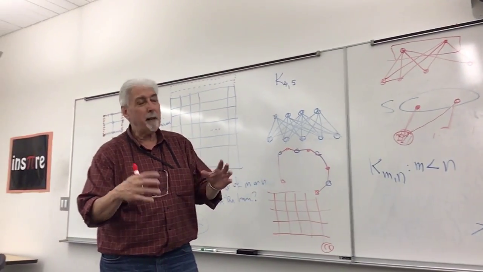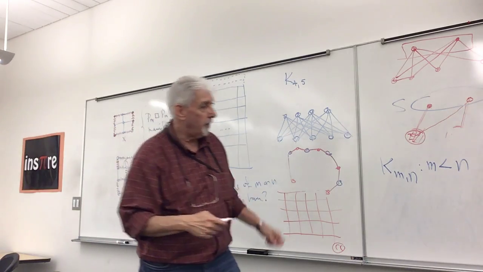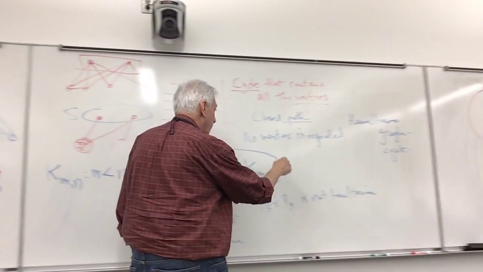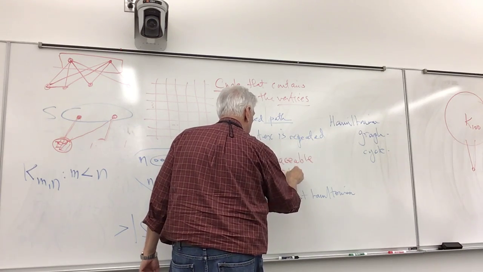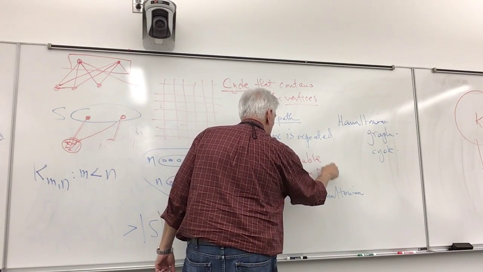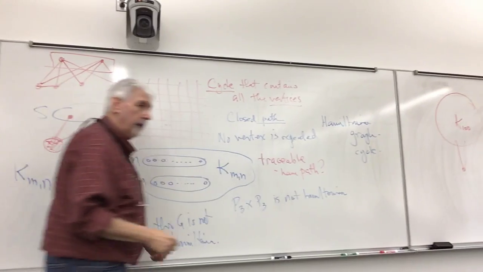What if I don't care about the cycle? What about if I only want a Hamiltonian path? So traceable. What about m and n?